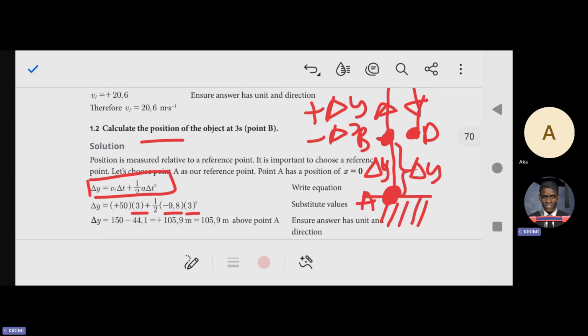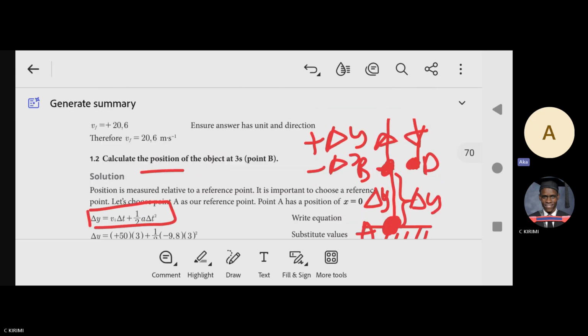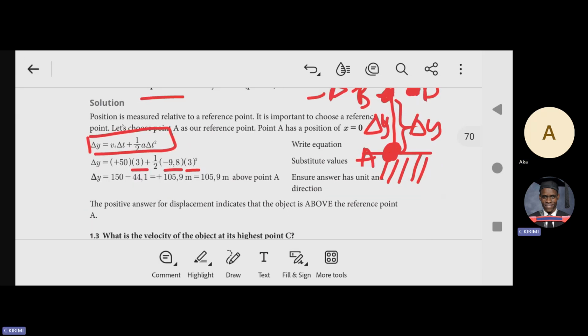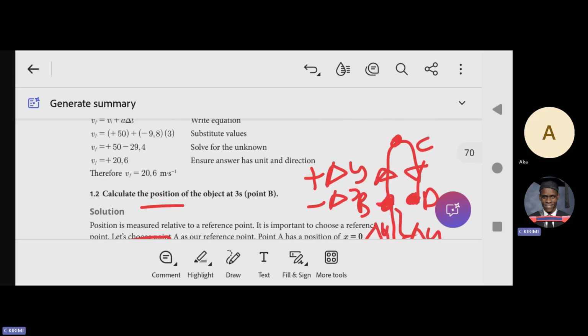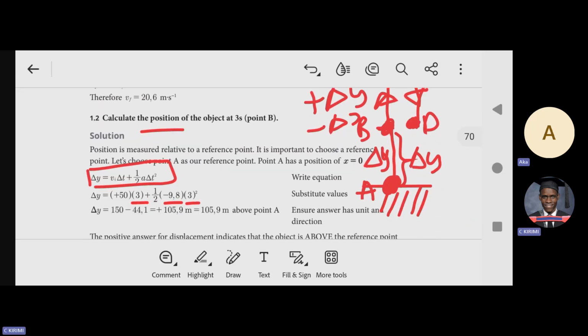Which formula did you pick? Yeah, it's still the same. Using delta y equals vf plus v initial over 2 times delta t, it's giving me 105.9, because the vf we calculated it as 20.6.